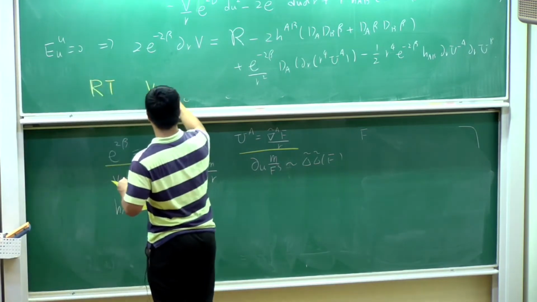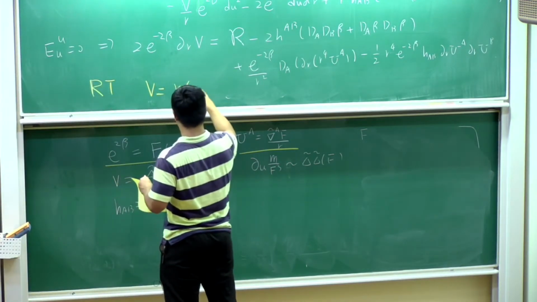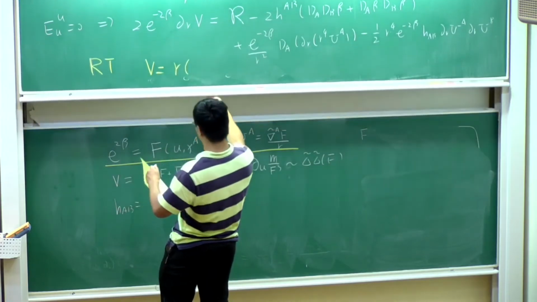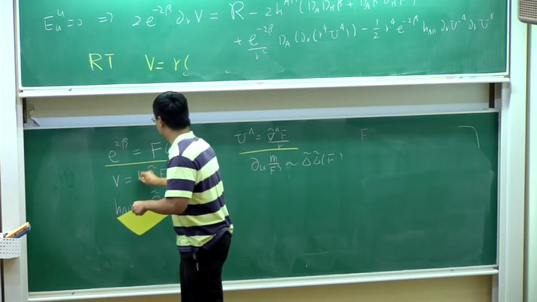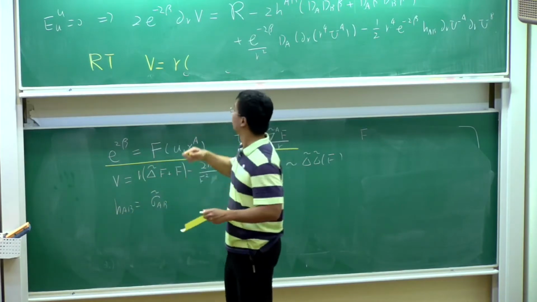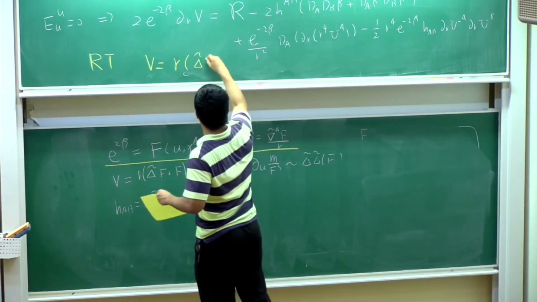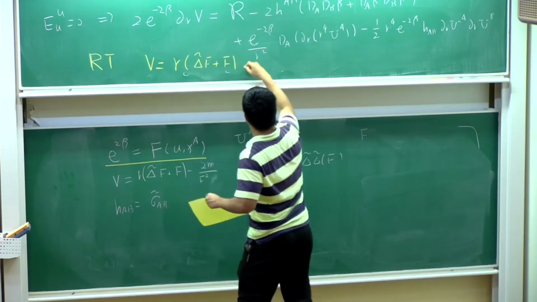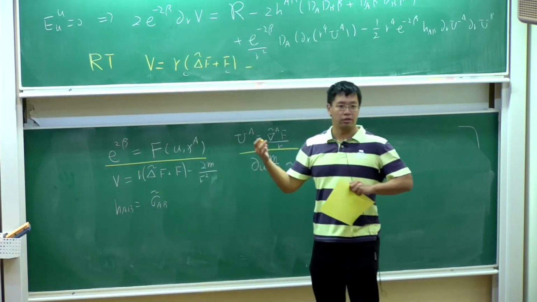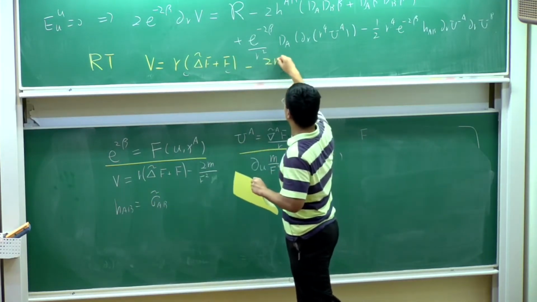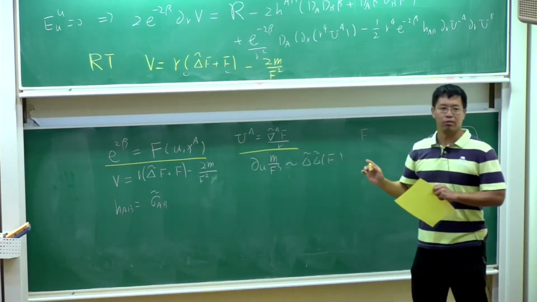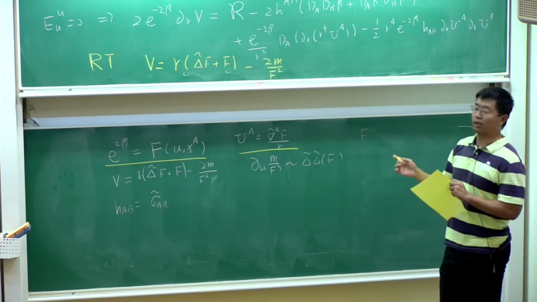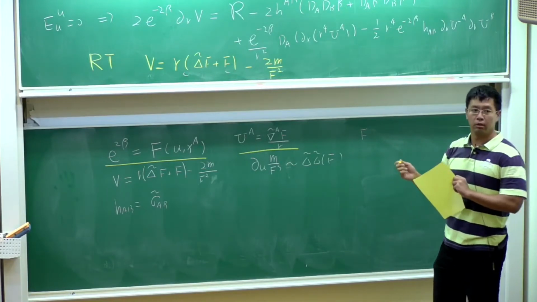You get exactly R. Sorry, the two positions are normalized differently. If I write in that form, I should write R here. Plus F. And minus an order 1 term, which is 3, and for whatever reason it's chosen in this form, where M is a constant for the Robinson-Trautman metric.